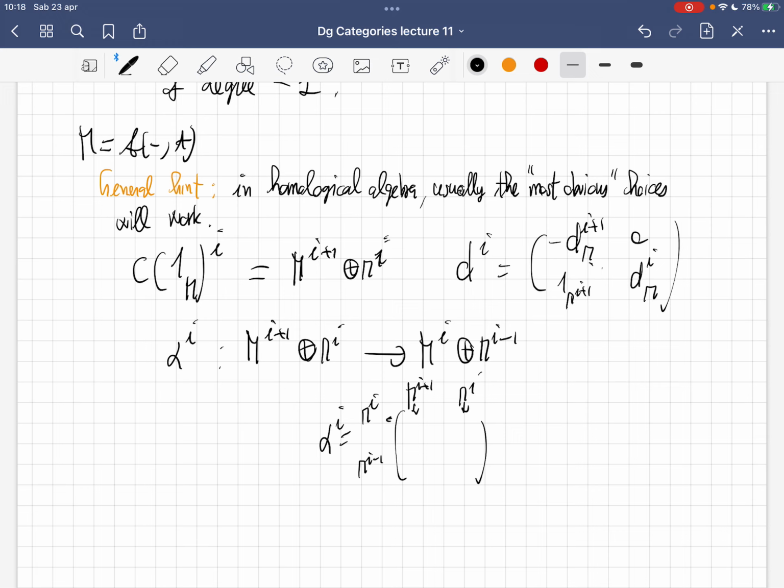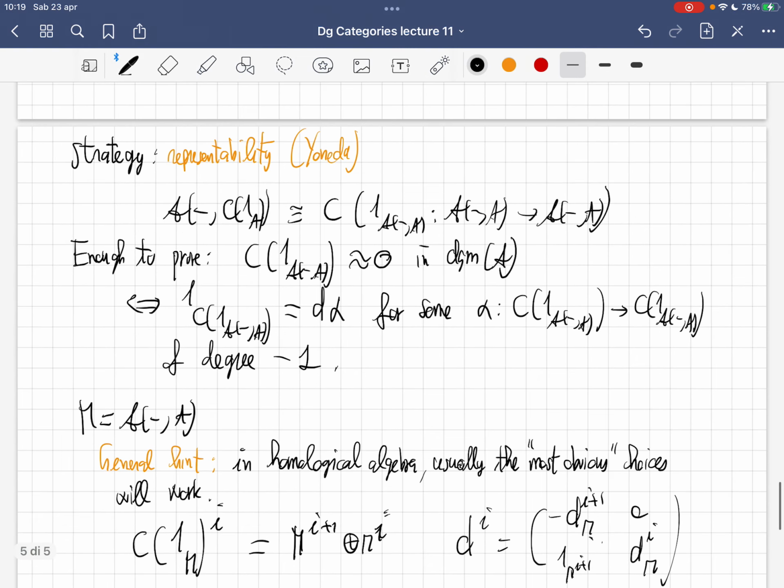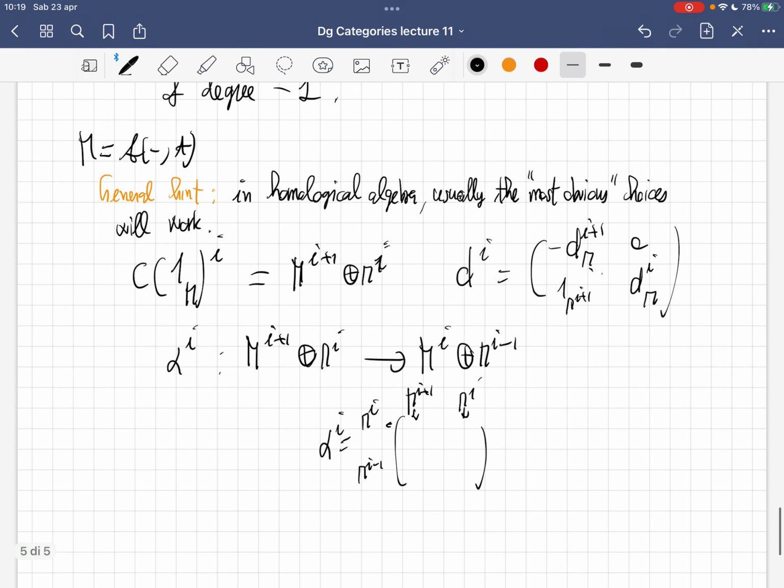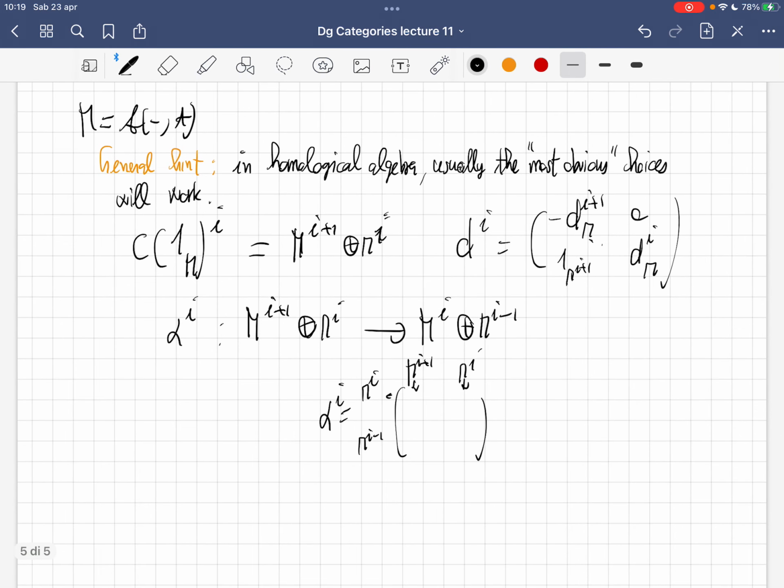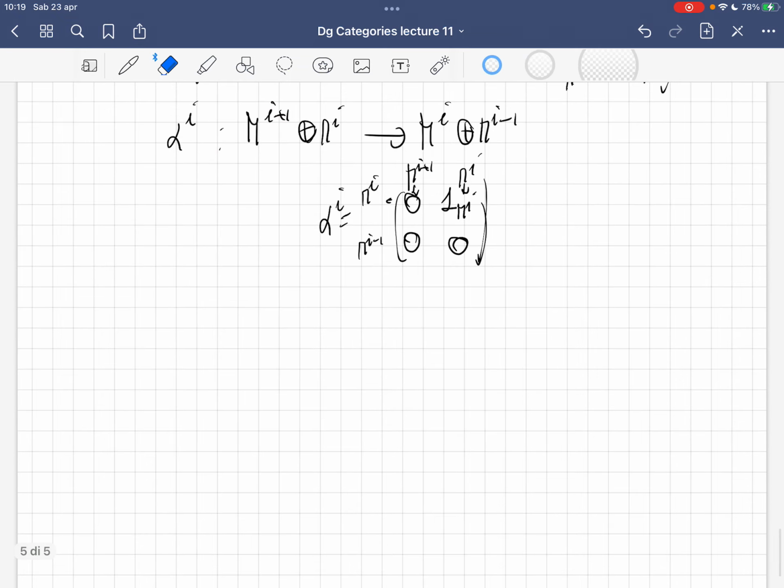Take the most obvious thing that you can do with your data. You don't have much, you have just identities. You can't do much from i+1 to i, so let's do 0, and i+1 to i-1, even worse, 0, i to i-1, 0, but here the input is M_i, the output is M_i, so you can put the identity of M_i here. Let's write it in a little nicer way.